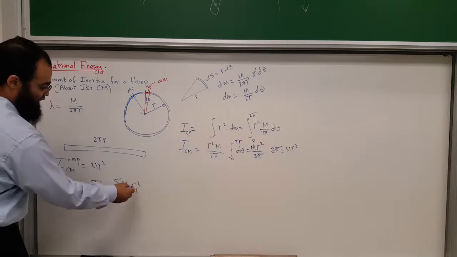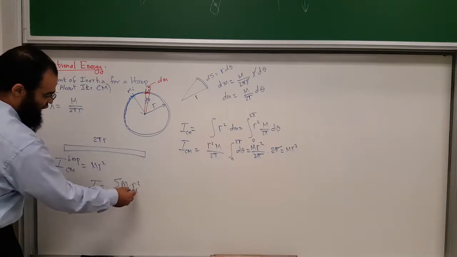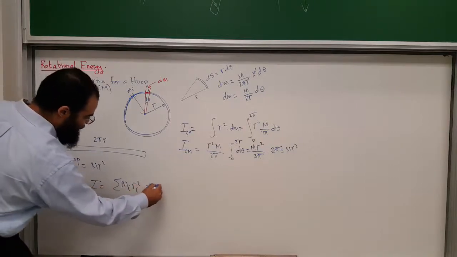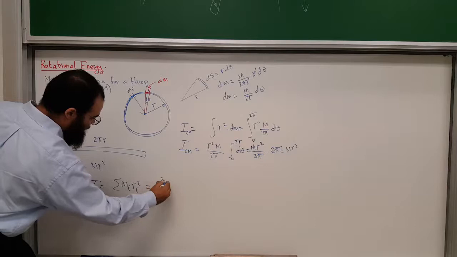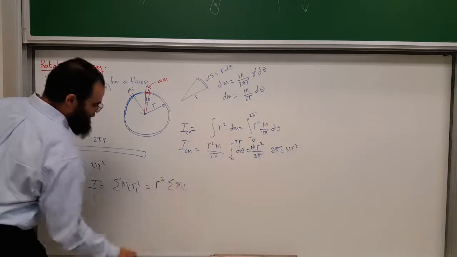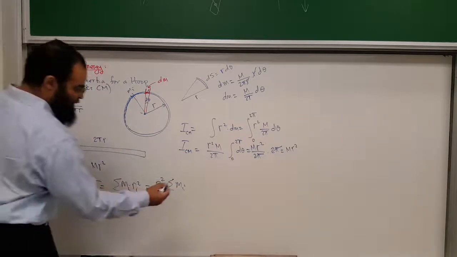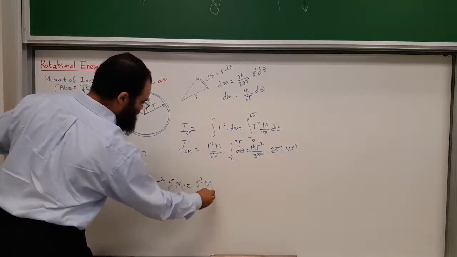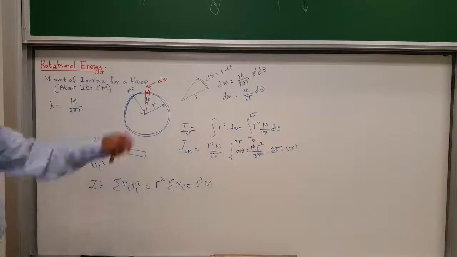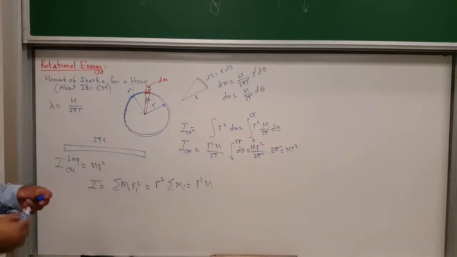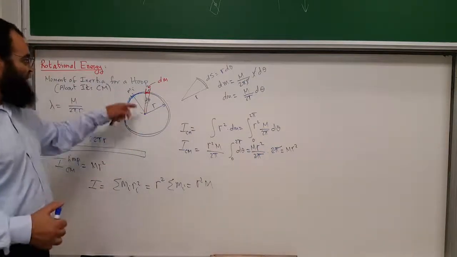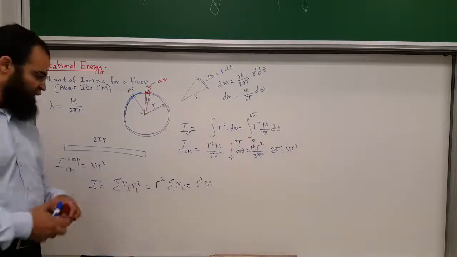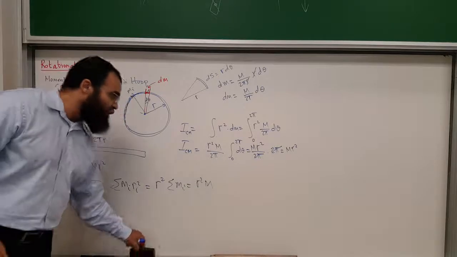So r_i is a constant, it's just r, so it would just be r squared, and then you sum over all the masses. If you add all the mass elements, you just get the total mass, so you get r squared times the total mass, and that's that. That makes sense, because every little bit of mass is located at exactly r away from the center of rotation. All right, that's good. Now, how about for a disk?